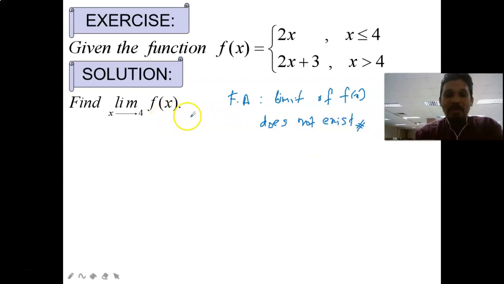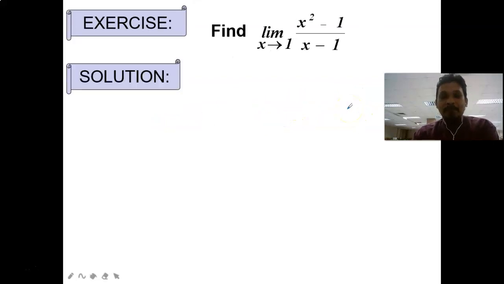You try by yourself and find the answers: the limit does not exist. And for this one, the limit of the whole function is 2.